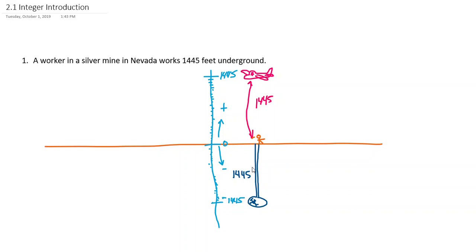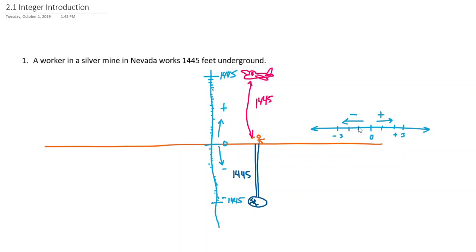And when we lay this number line down flat on the table in front of us, we're going to say that to the left is negative. Those are all the negative numbers. And to the right is positive. And those are all the positive numbers.